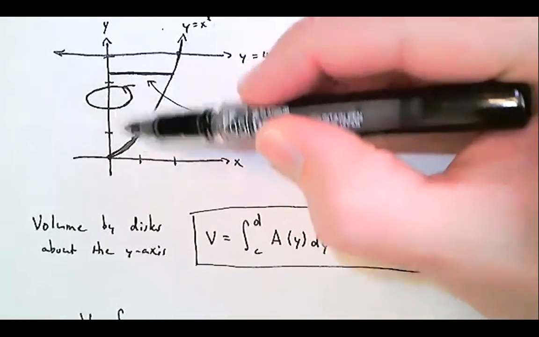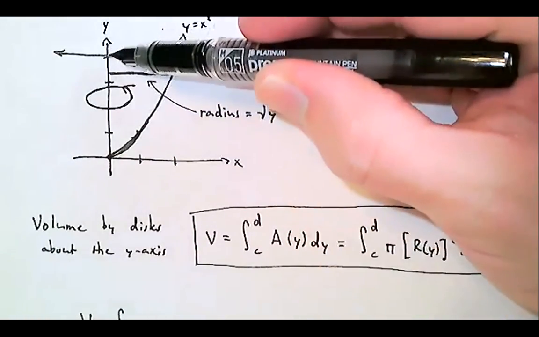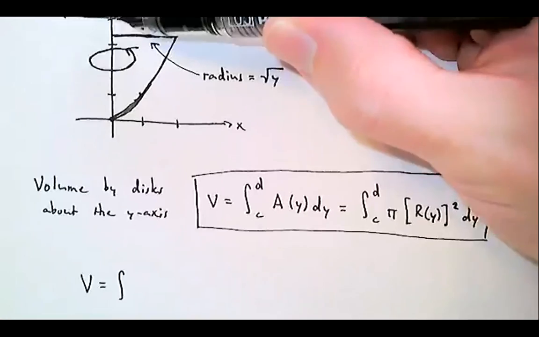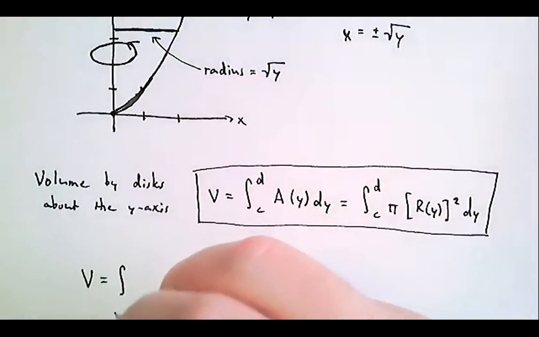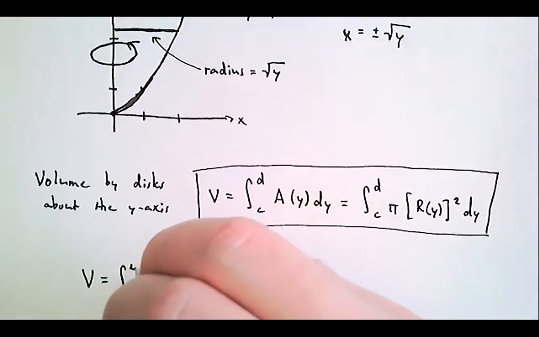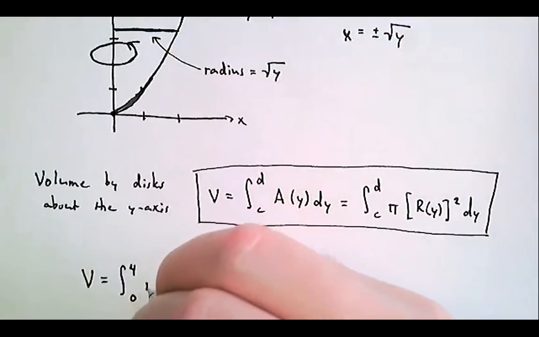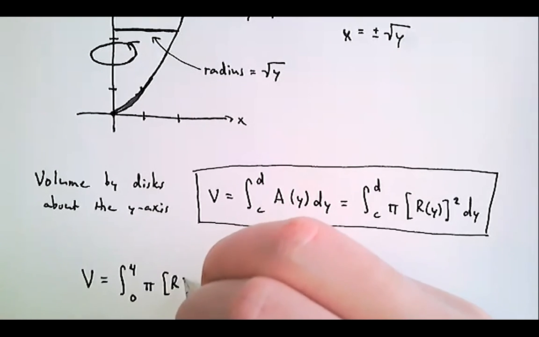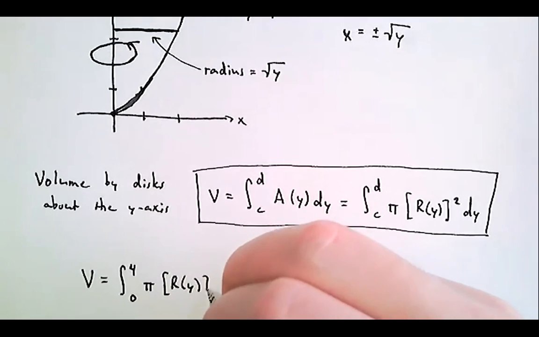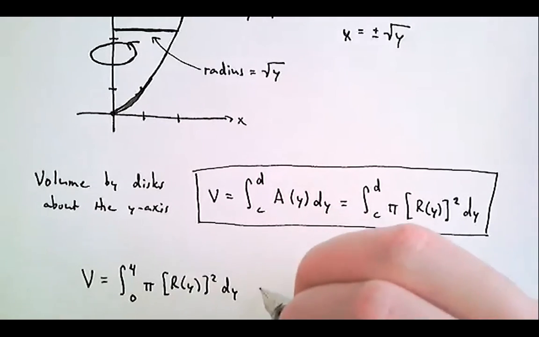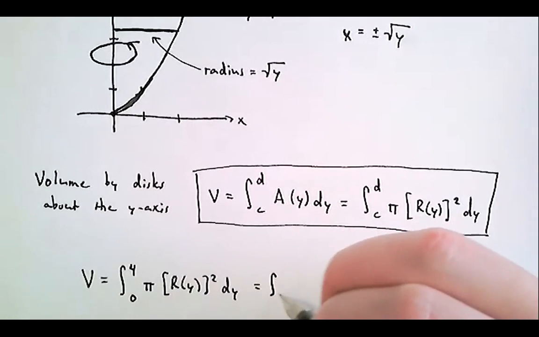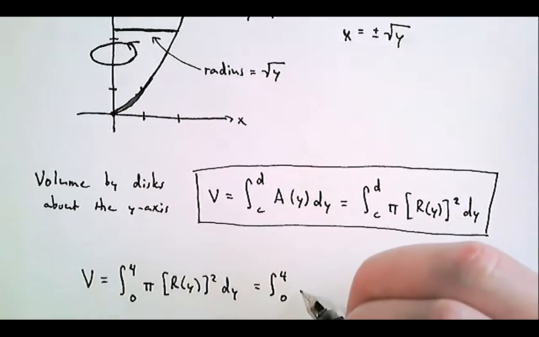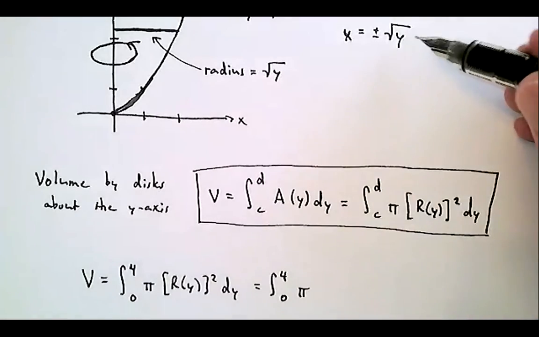Remember, we're going vertically now, so we're going to start at 0 and we're going to end at 4. And then we need pi r squared, and then we can simply plug in our radius, which is the square root of y.